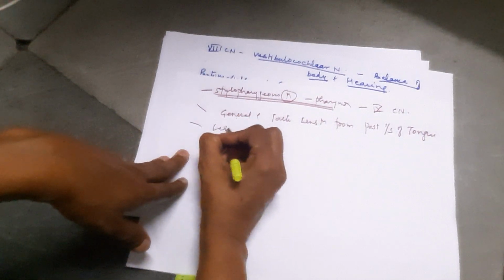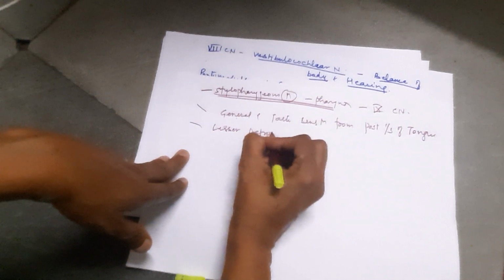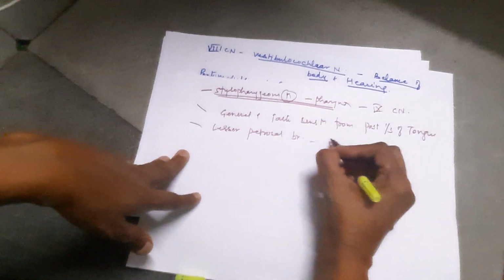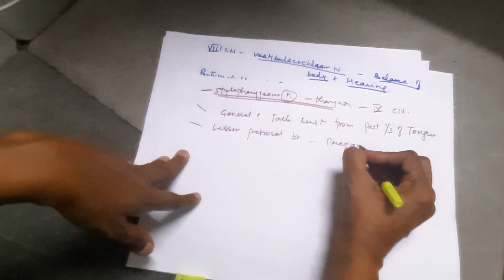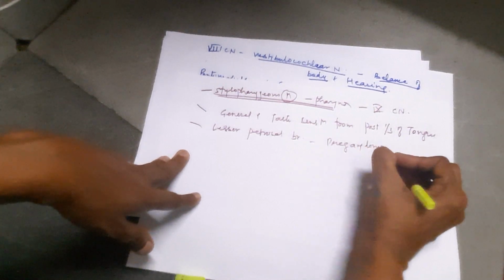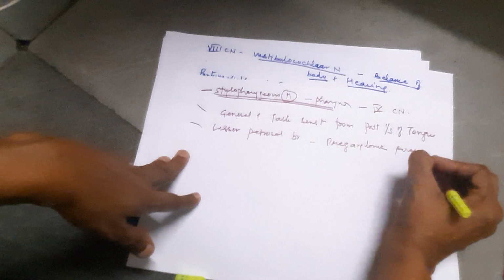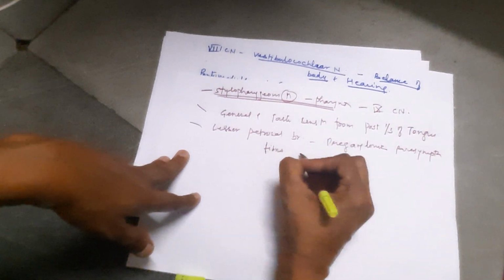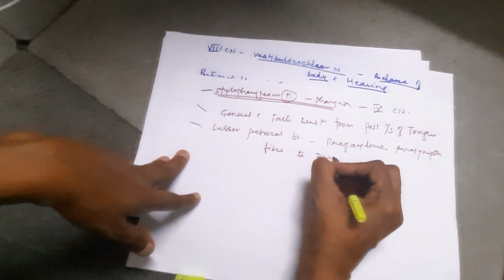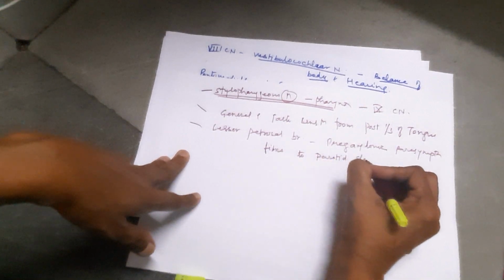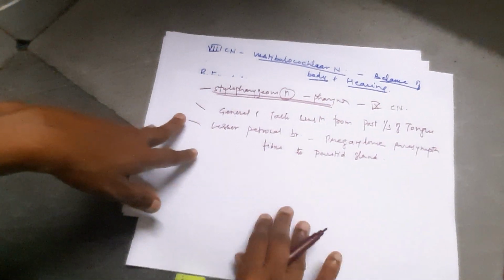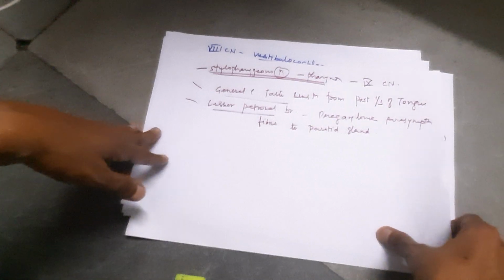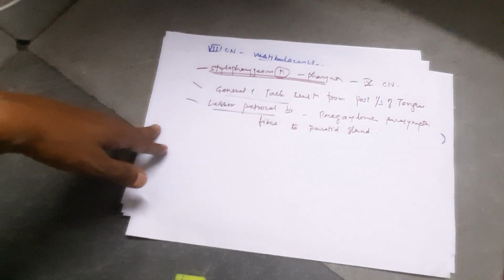Through its lesser petrosal nerve branch, it conveys preganglionic parasympathetic fibers to the parotid gland and acts as secretomotor in nature. So these are the important points in relation to the 9th cranial nerve.